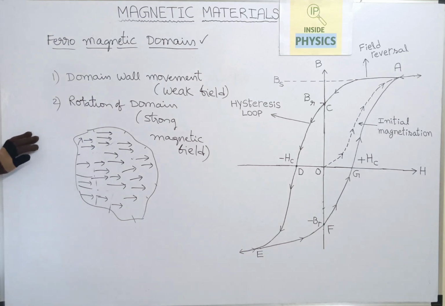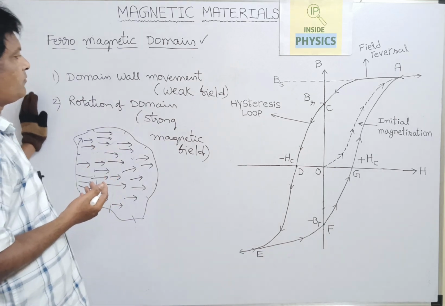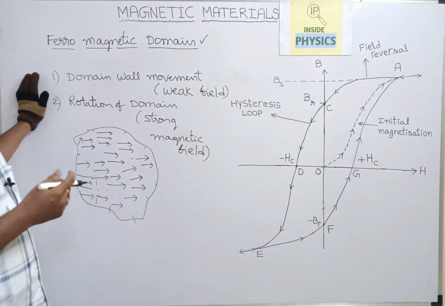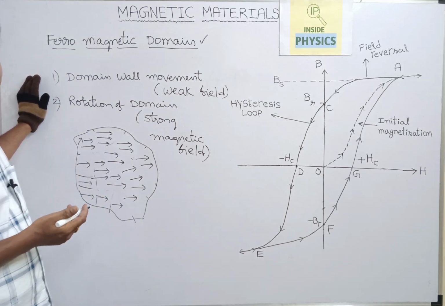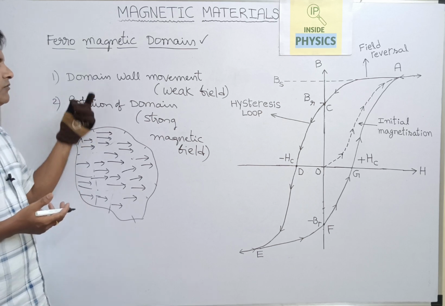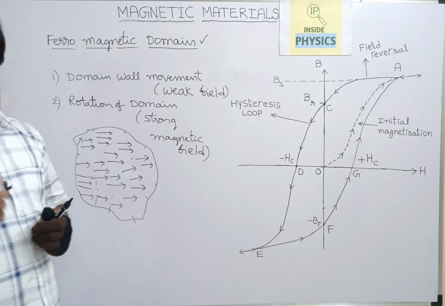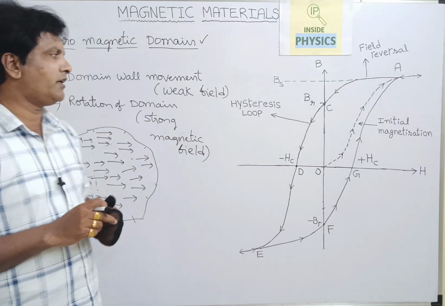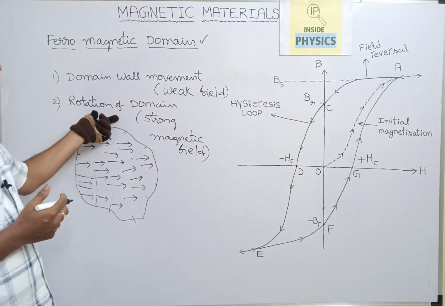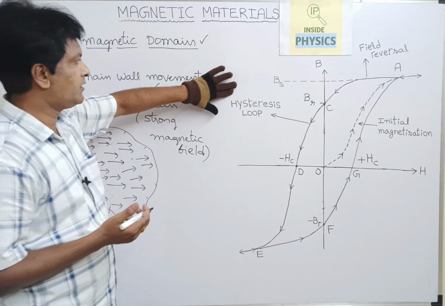Okay, so is there any hindrance to this kind of domain wall movement or orientation? Yes, the thermal condition, the temperature of the material, sometimes obstructs the rotation or domain wall movement. The thermal agitation of the atoms or molecules inside the material disturbs the smooth process of domain orientation. That is one of the reasons.